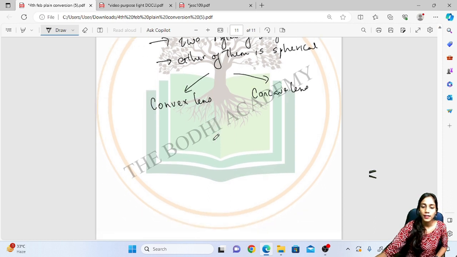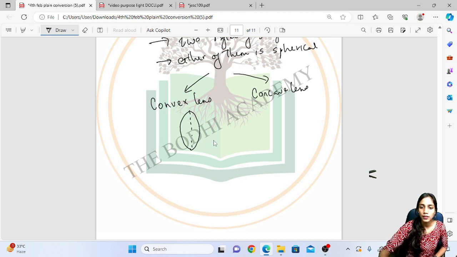The convex lens is the one wherein both the surfaces are curved outwards. They are bulging outwards. So this is the first surface and this is the second surface. This is the center part. Both are curved outwards. This is called a double convex lens or simply a convex lens.